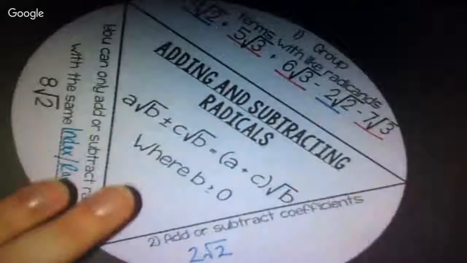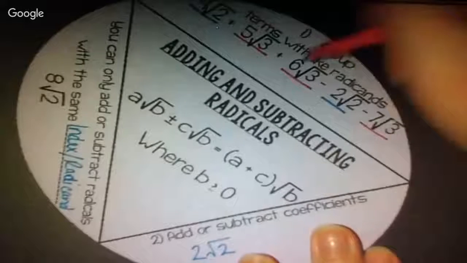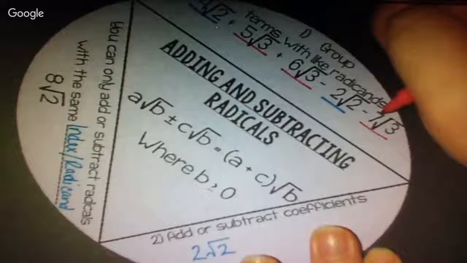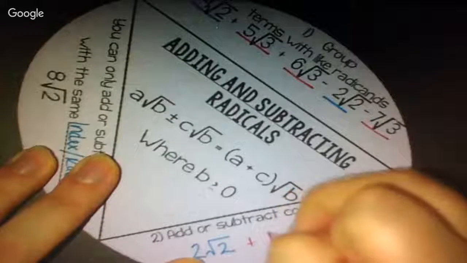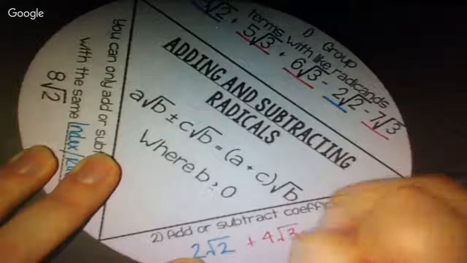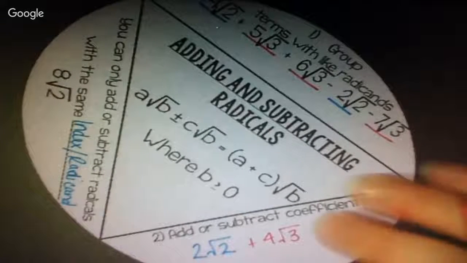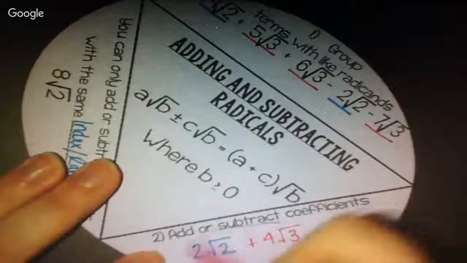And then we do the same thing with your square roots of 3. So we've got 5 plus 6, we're at 11, minus 7. 4 square roots of 3. That's your answer. That's it.